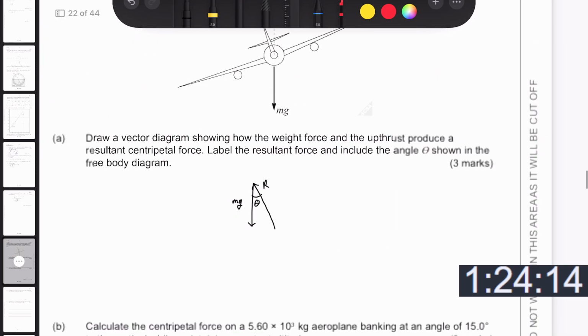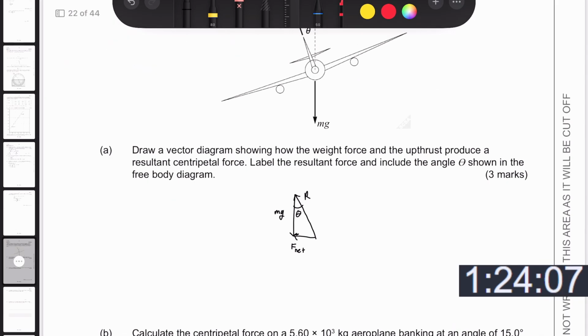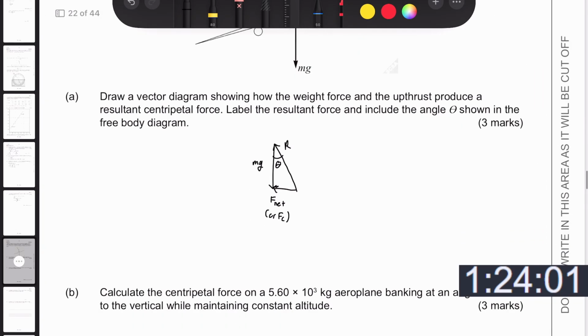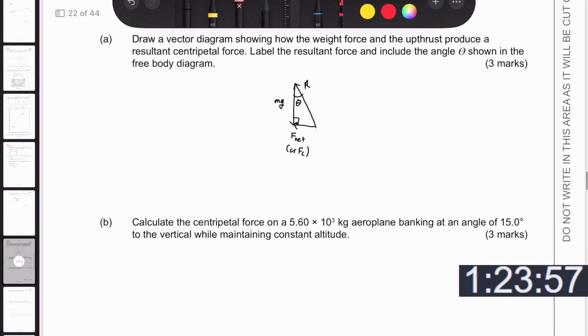And then here my F net, so the resultant force, or F of C, is the same. And then 90 degrees there. Just show horizontally to the left.